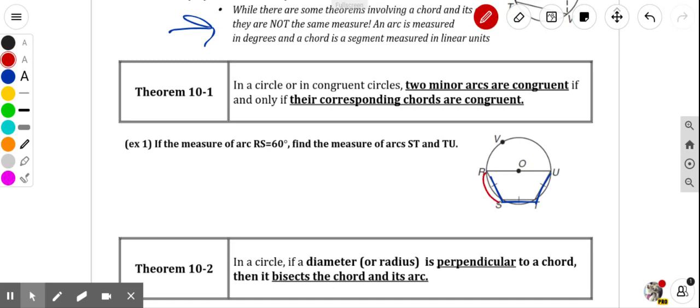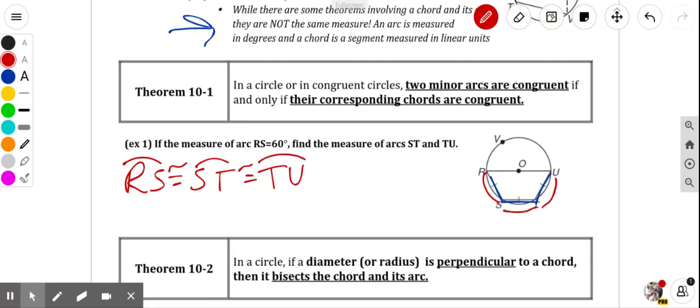So arc RS is congruent to arc ST, is congruent to arc TU. All three of those arcs would be the same, and again, that's because their chords are congruent.